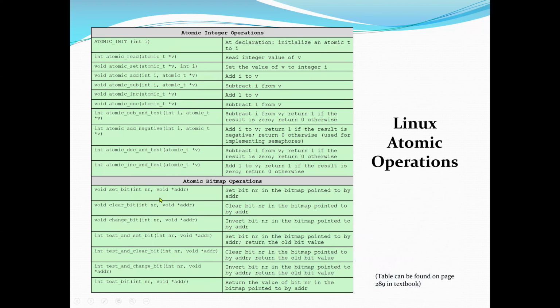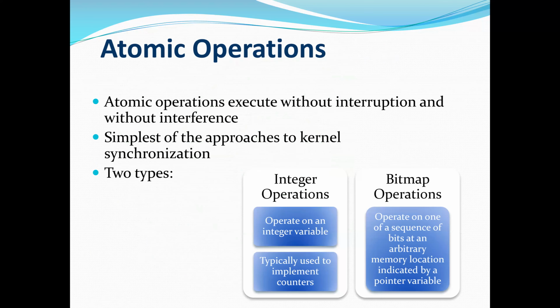Next we have atomic operations. Here also Linux provides a set of operations that guarantee atomic operations on a variable. These operations can be used to avoid simple race conditions. An atomic operation executes without interruption and without interference.